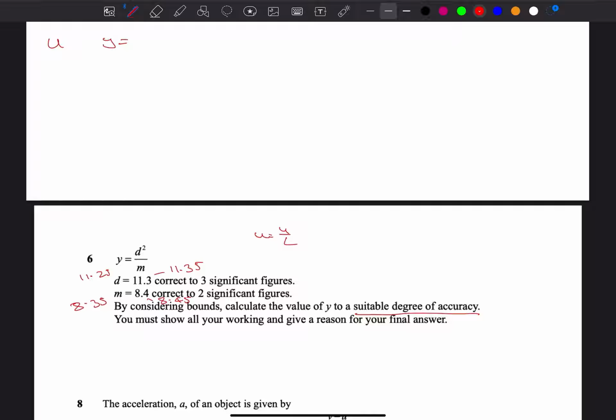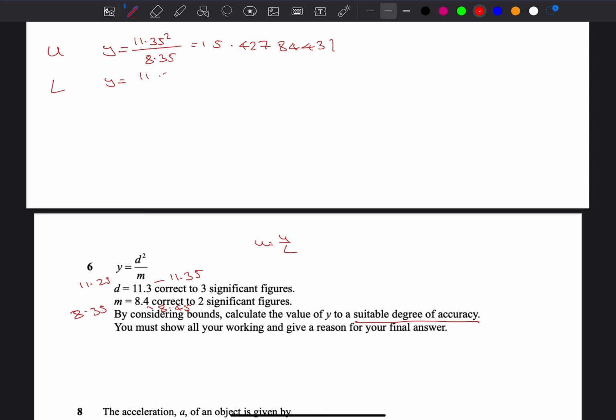So it is 11.35 squared over the lower bound, 8.35, which will give you 15.42784431. You want the lower bound of y, which is lower divided by upper: 11.25 squared over 8.45.